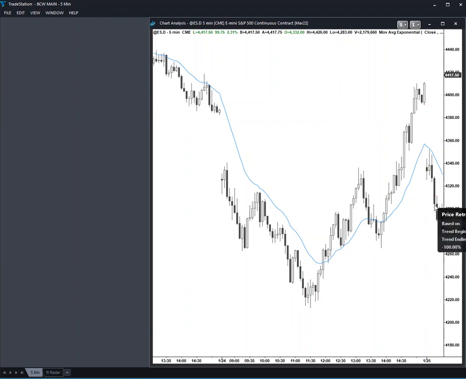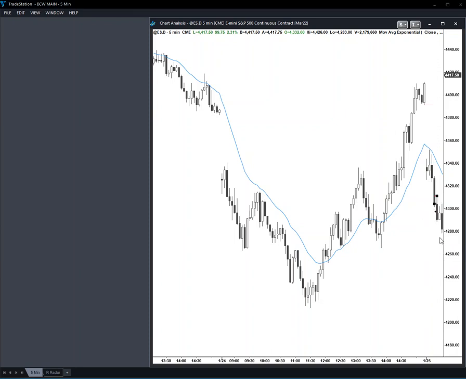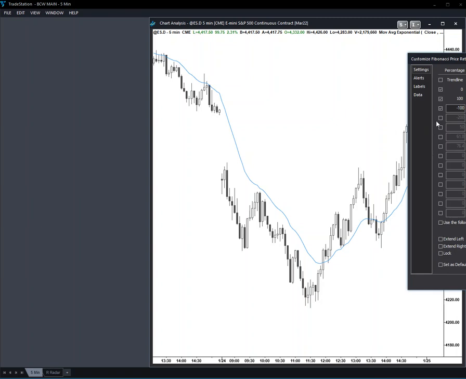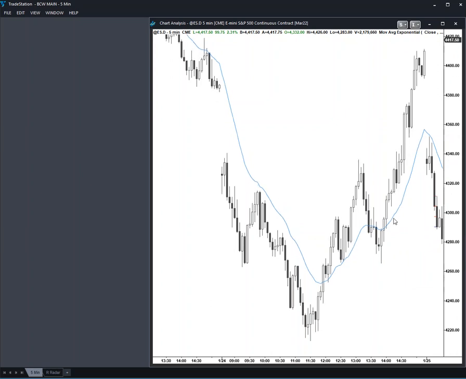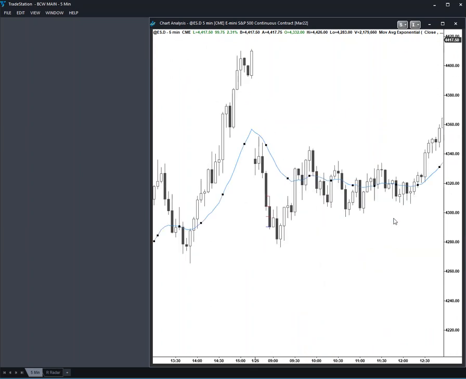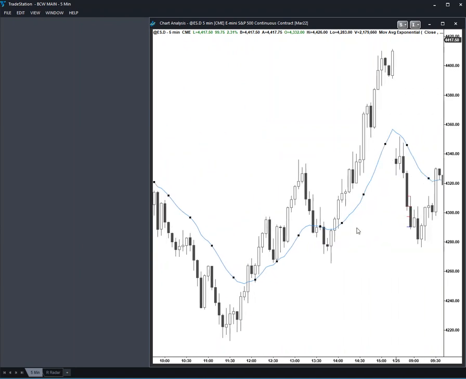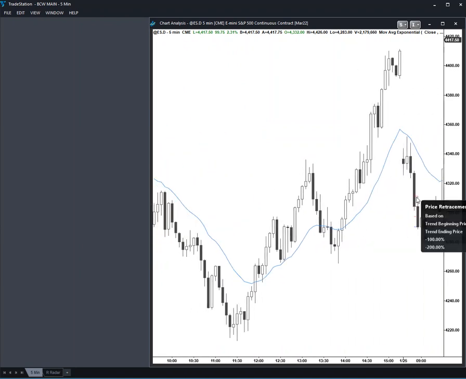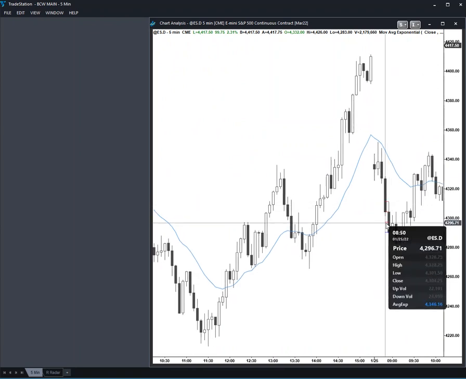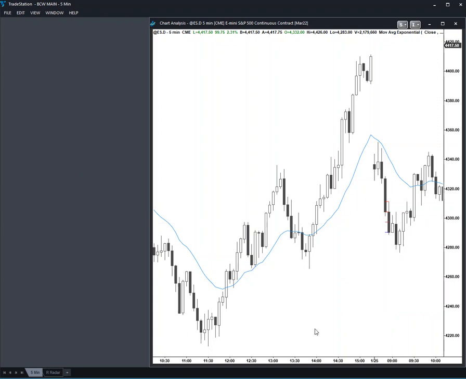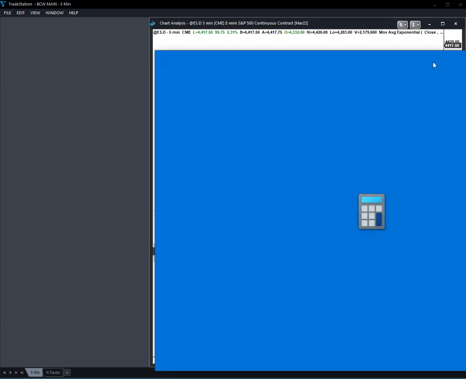Let me see if I can do this a better way. One moment. So yeah, you'll see right here. Let me try to blow this up a little. So what traders will do is they will sell the close right here, which is 304.25, and they're going to put a stop.